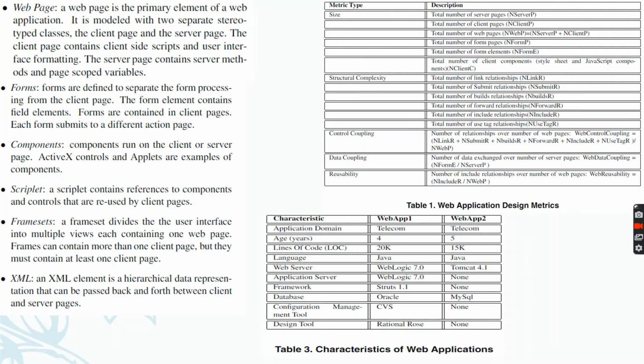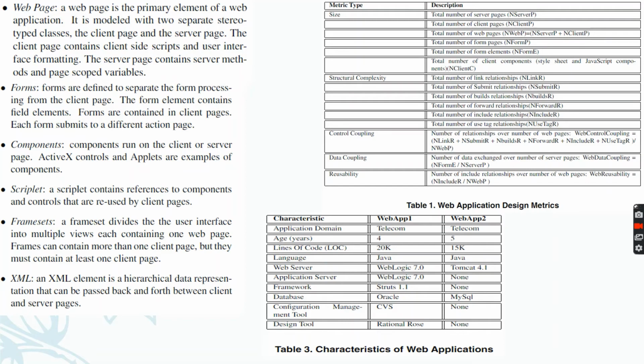So here are the characteristics of web applications. Some of them are application domain, age, lines of code, language, web server, design tool. You can list some of the characteristics using this diagram of web application. The above diagram represents the description of metric type, that is size. Total number of server pages, the term used is nServerP.